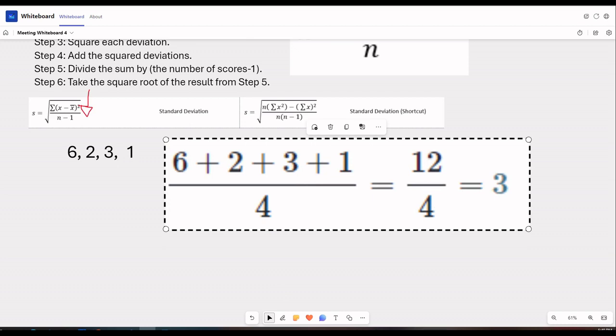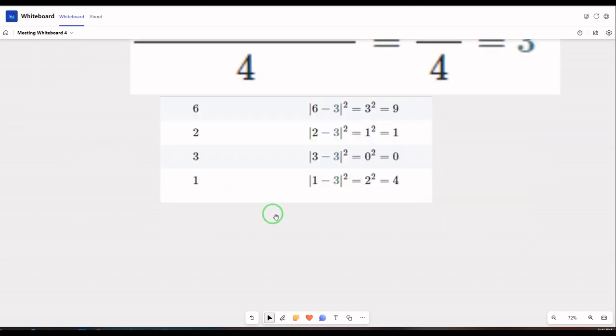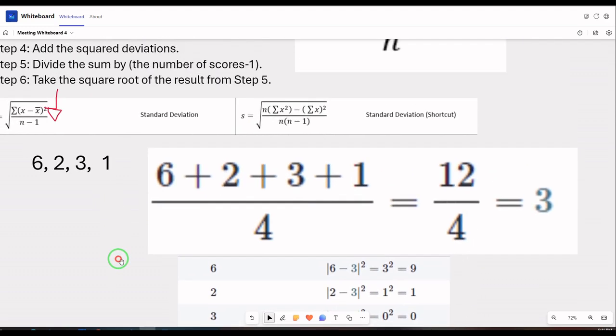Now the next step is calculating x minus x bar, or the deviation. As you can see in the next step, these are my data points. I subtracted the mean and then raised it to the power 2. Now I have these values for all the 4 data points.